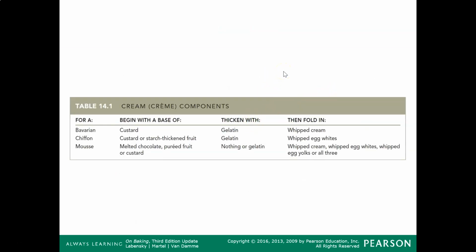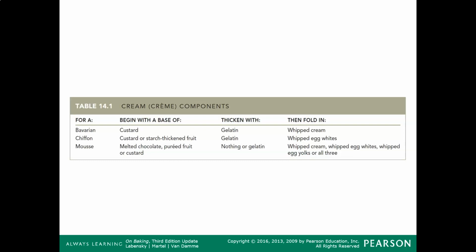Table 14.1 from your book on page 502 is shown here on this slide. And it tells you, for example, a Bavarian cream starts with a base of custard, is thickened with gelatin, and then whipped cream is folded in. A chiffon is a custard or starch thickened fruit, thickened with gelatin, and whipped egg whites are then folded in.